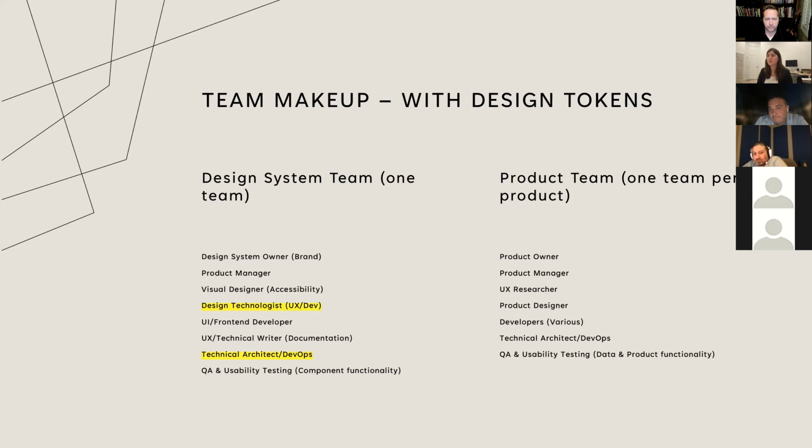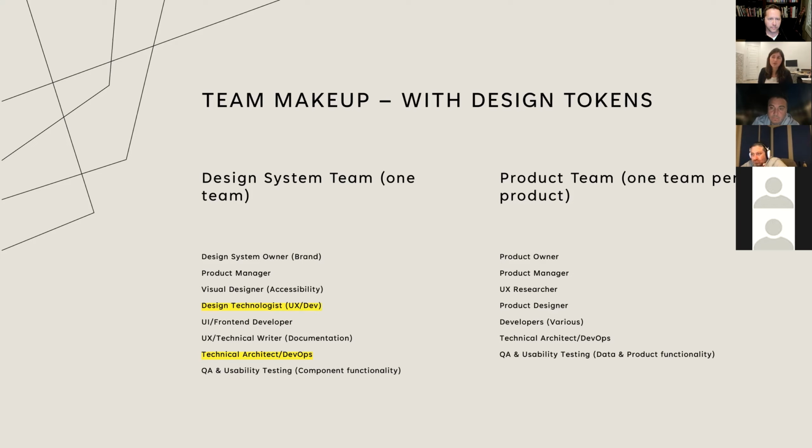So a team that's using design tokens, you would probably add at least 2 more roles on the team, potentially more depending on how fast you want to build and scale a design system. So it's the same as before, we just add in design technologist as that like unicorn person that knows both design and code. And then your technical architect or DevOps person on the design team itself. You may have like duplicates of some of these people.